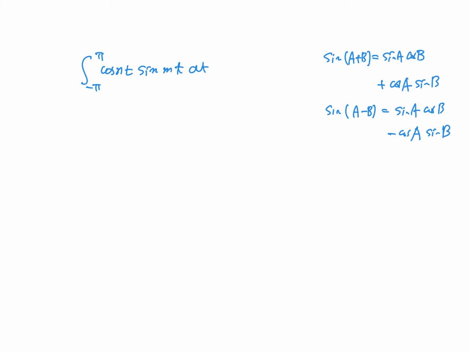So this is 1/2 of, let's say this is A, this is B, right? So this is sine of A plus B, meaning n plus m, t, minus sine of n minus m, t.